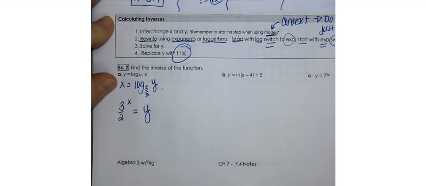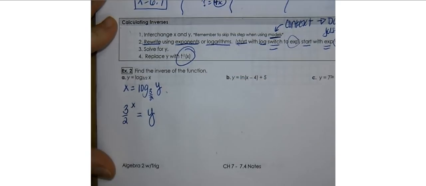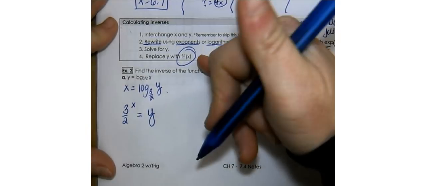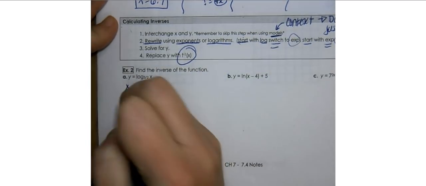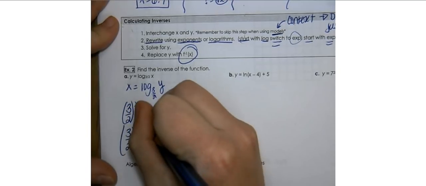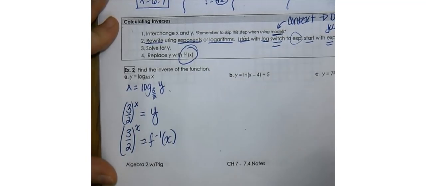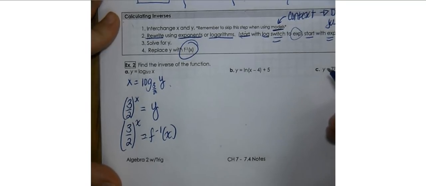What's cool about that is y is already alone. Awesome. I have my inverse function. I'm going to replace y with f inverse of x. So 3 halves, I'm going to raise this whole thing to the x power, just so that it doesn't look like just 3 is being raised to the x power, is equal to f inverse of x. And that is our answer. There is nothing further for us to do.